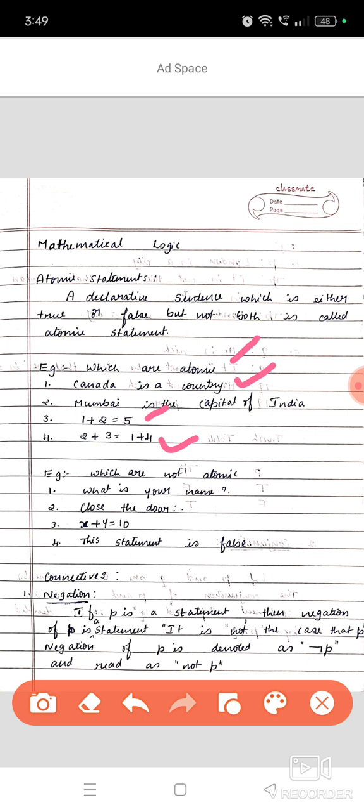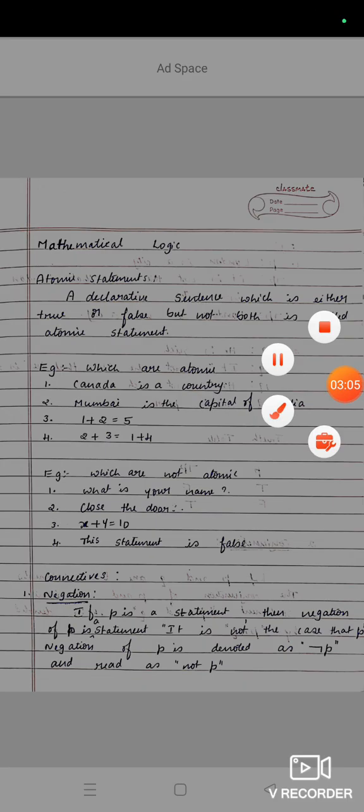So any declarative sentence which has the truth value true or false, but not both, is an atomic statement. Now we'll see examples of sentences which are not atomic.